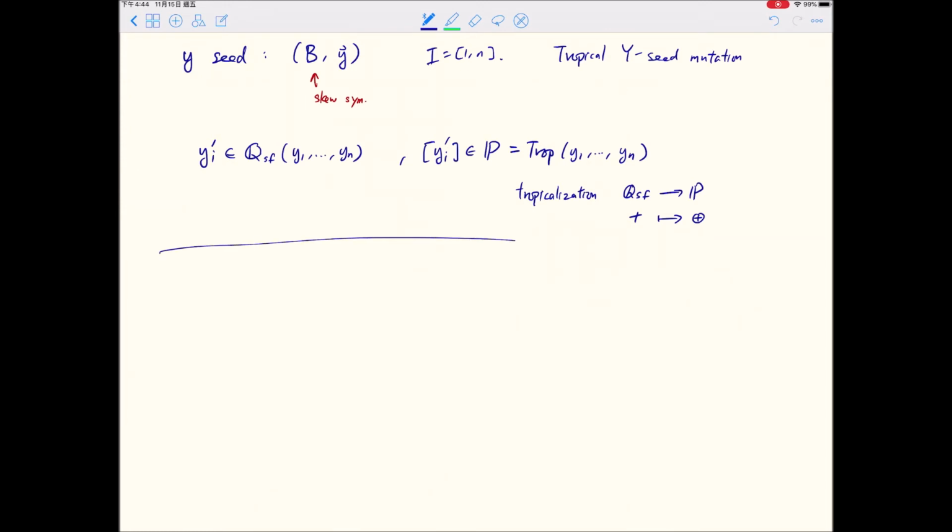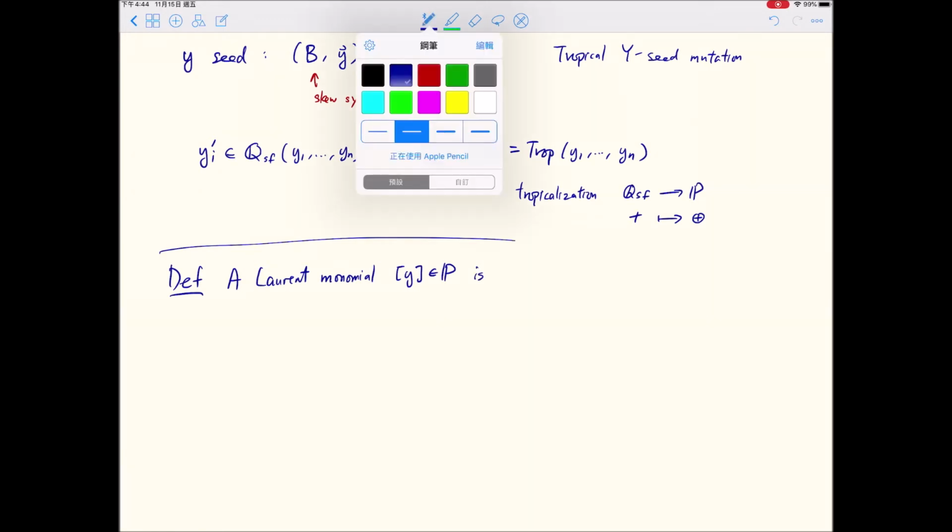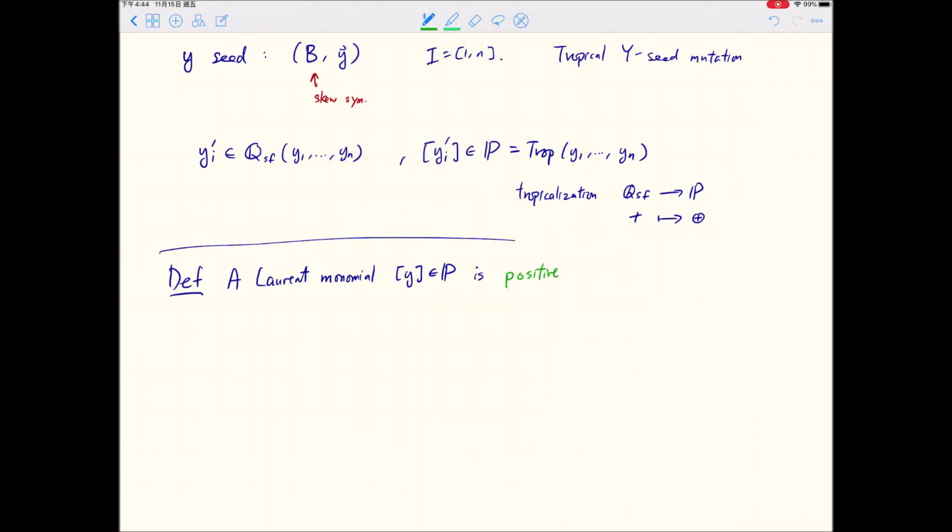So let's introduce some notions. So we say that a Laurent monomial is either positive or negative if it is not 1 and all the exponents of your variables are bigger than 0 or smaller than 0 respectively.